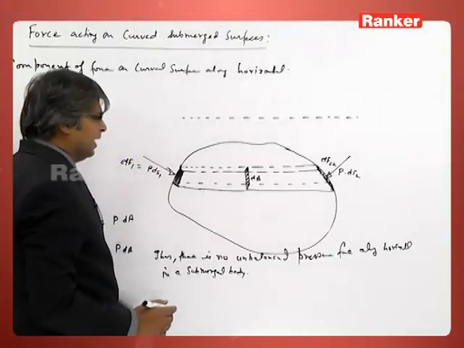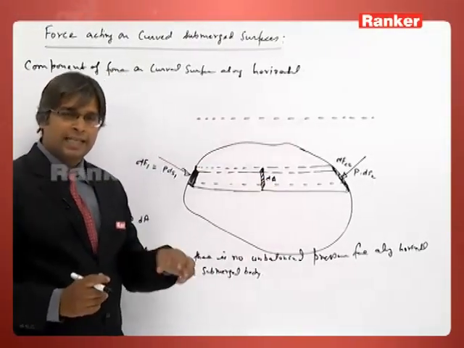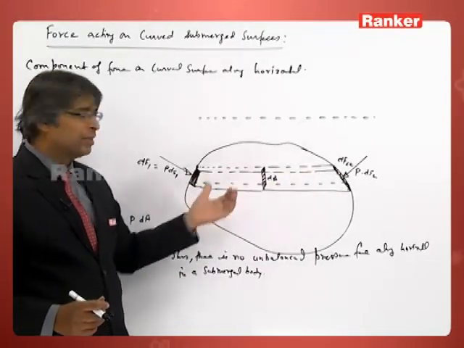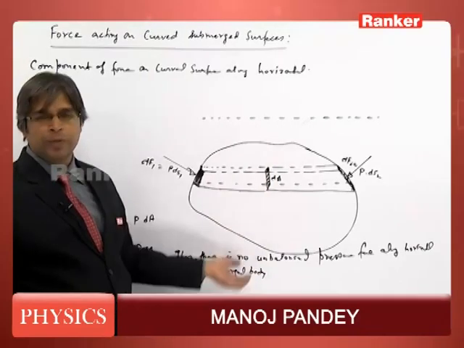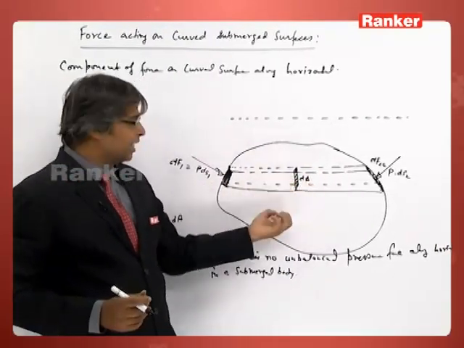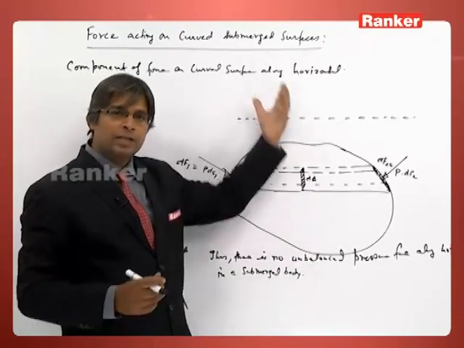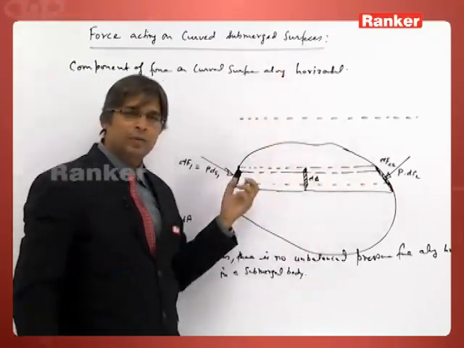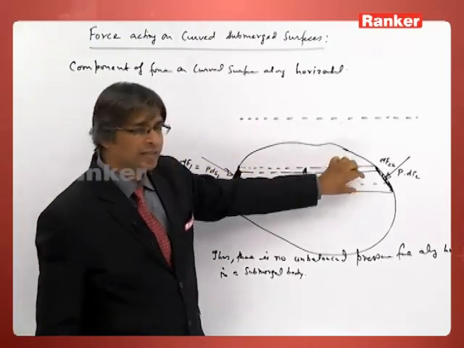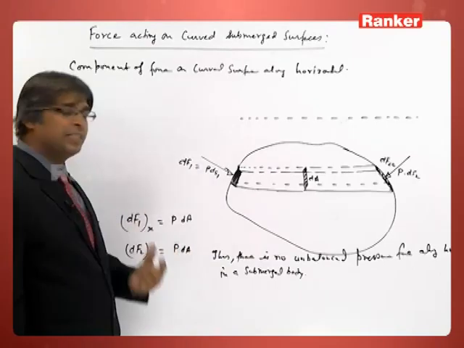So if you immerse a body inside a liquid, then there won't be any horizontal component. The only component will come out because of vertical. So horizontal contribution is zero. So there is only an upward buoyant force, never a horizontal buoyant force, because the projection area of this and this is the same. So P dA is the same.